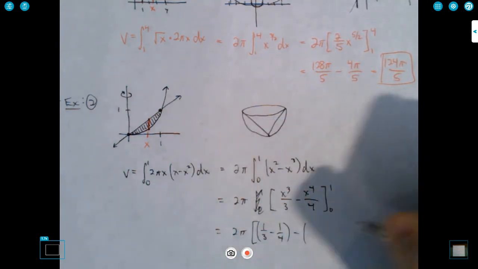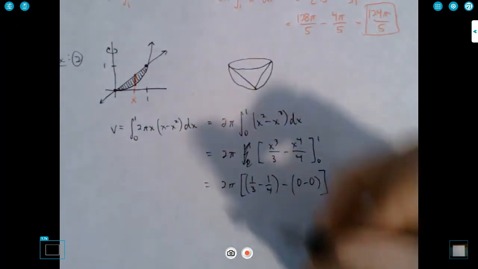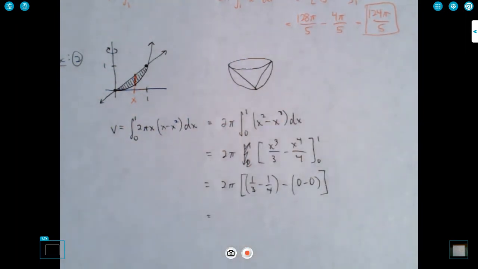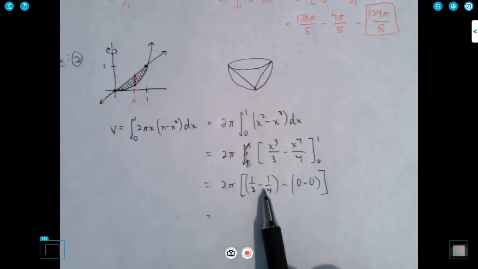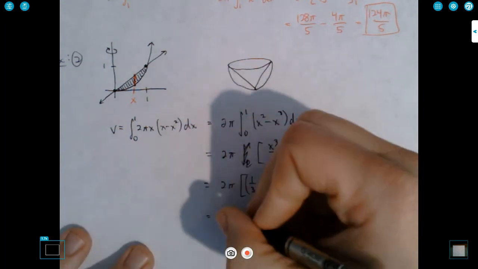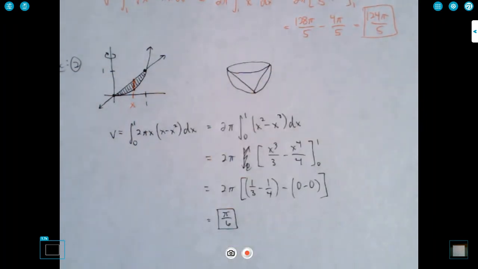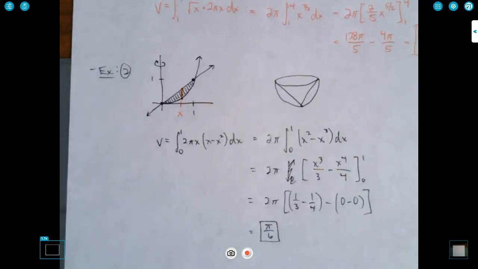If I plug in 0, I get 0 minus 0. Okay, a third minus a fourth. A third is 4/12, and a fourth is 3/12. So that would be 1/12. So it's 2 pi times 1/12, which I think is pi over 6. And that's that one.